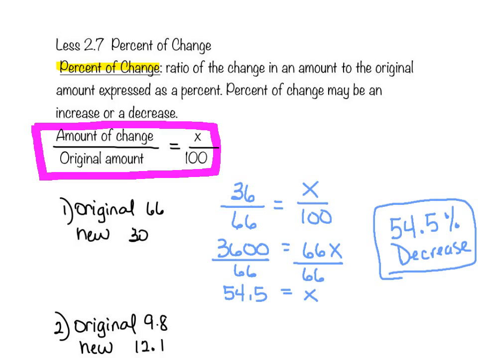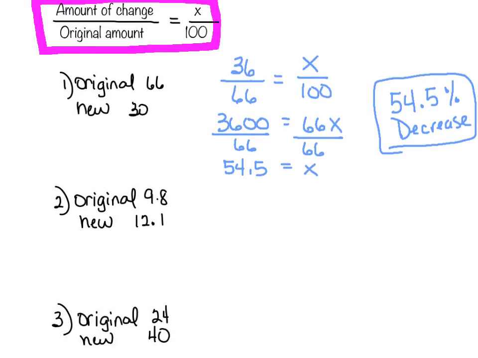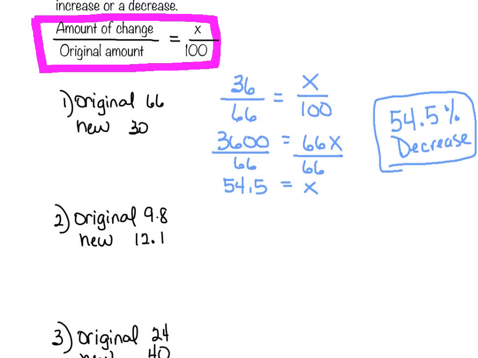Okay, let's try number 2. Here we had an original of 9.8 and the new amount is 12.1. So let's go ahead and put that into my percent of change formula. Percent of change, remember, equals amount of change over original equals X over 100.